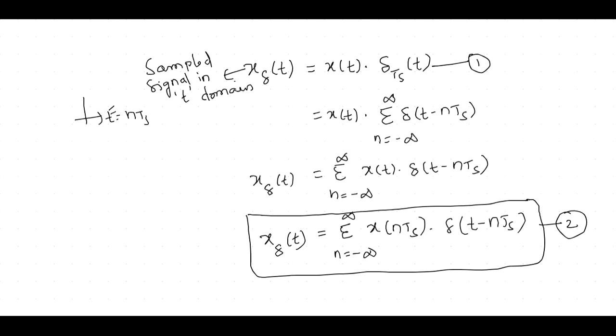To prove this, as I already said, 3 cases are there: Fs greater than 2 omega, Fs less than 2 omega, and Fs equal to 2 omega. There we are dealing with frequency components. What happens in each case of sampling frequency? This equation, the sampled signal, is in time domain, whereas the conditions are in frequency domain. So equation 2 has to be converted into frequency domain.